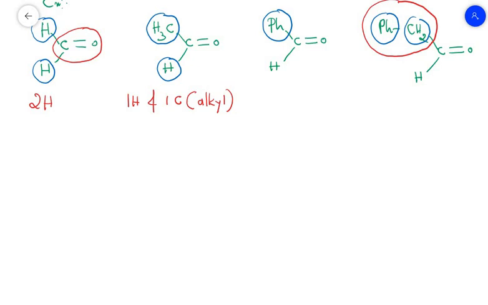Here there is one hydrogen and one carbon, but that carbon is an alkyl carbon. Here there is one hydrogen and one carbon, but that carbon is an aryl carbon. And here we have one hydrogen and one carbon, but that carbon is alkyl.